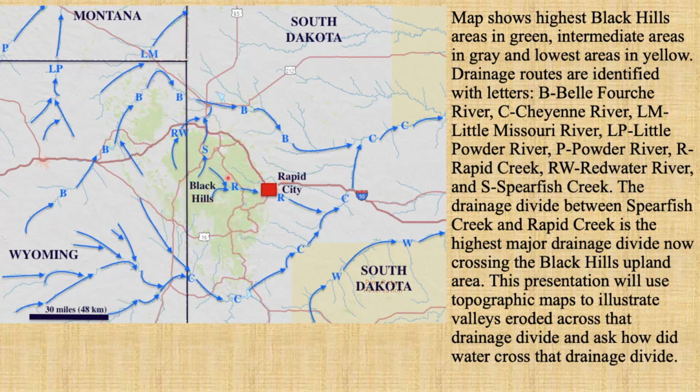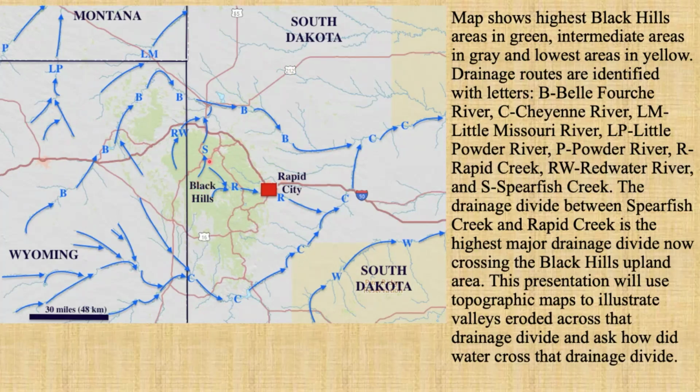This map shows the Black Hills uplifted areas in green, and generally the Black Hills are a domal uplift, which stand roughly where the surface of the higher Black Hills in the area that we're going to be looking at is at least 3,000 feet higher than the gray areas, which you can see completely surround the Black Hills. So what we're going to be looking at is an area up here in the western Black Hills near the South Dakota-Wyoming border.